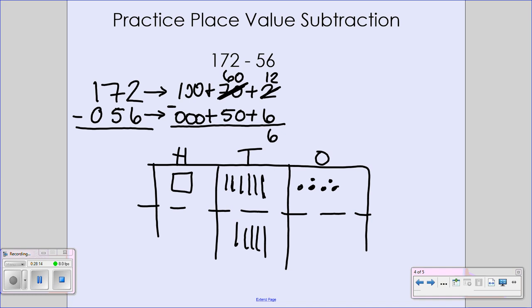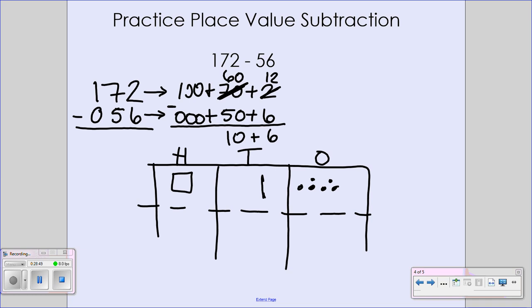No. 60 minus 50 is going to leave me with how much left, Aiden? 1. 1 ten left. 60 subtract 50 is going to leave us with 10. Alright, let's look up at our equation. Make sure we're doing that at the same time. I have 60 minus 50. You just told me. Can I do that? Yeah. That's just going to be a 10.